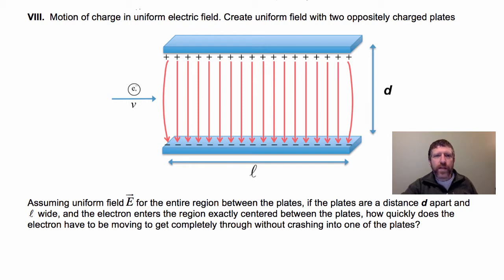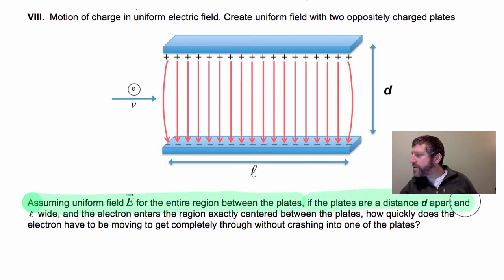So here's our electron coming in at speed v. It's exactly halfway between the plates, and the question that we're trying to answer here is as follows. Assuming we have a uniform field E for the entire region, if the plates are a distance d apart and L wide, and the electron enters exactly centered between the plates, how quickly does the electron have to be moving?